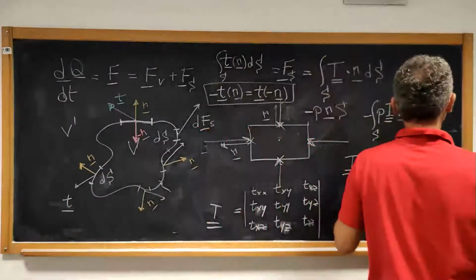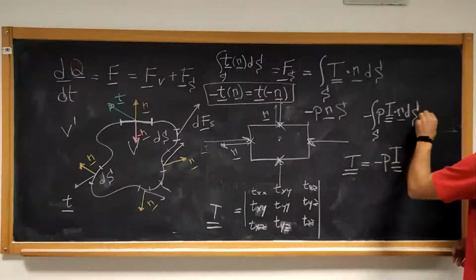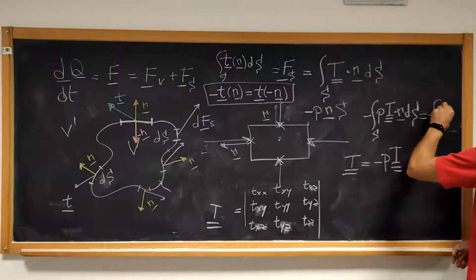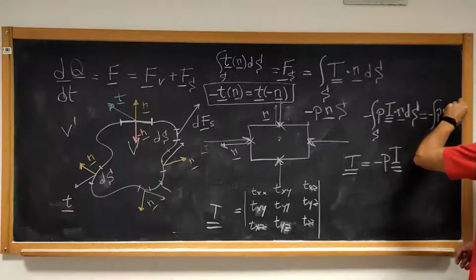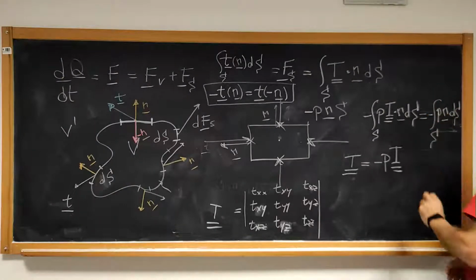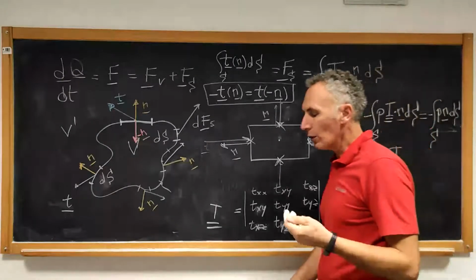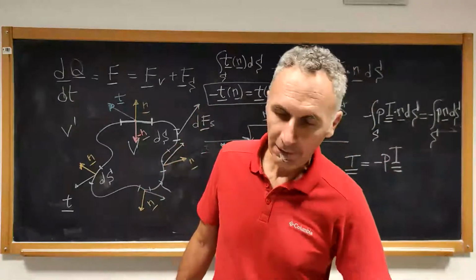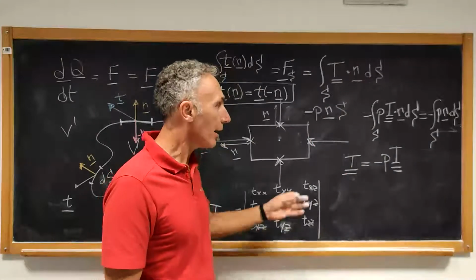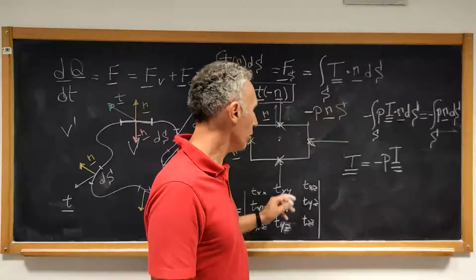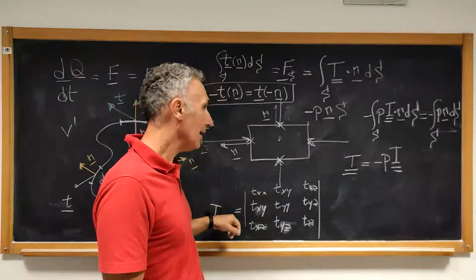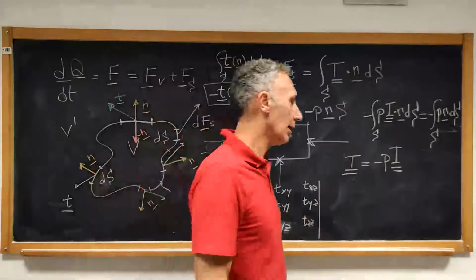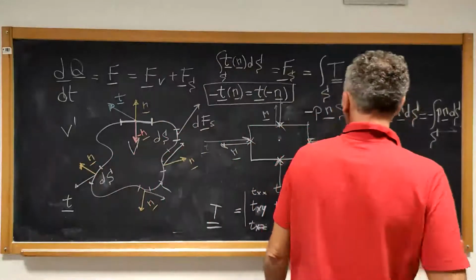So I dot n is n itself, and so this integral is minus the integral over S of P n dS, which is just the way we compute general pressure forces. Okay, so this is the component of T due to pressure, so in the absence of any angular deformation.